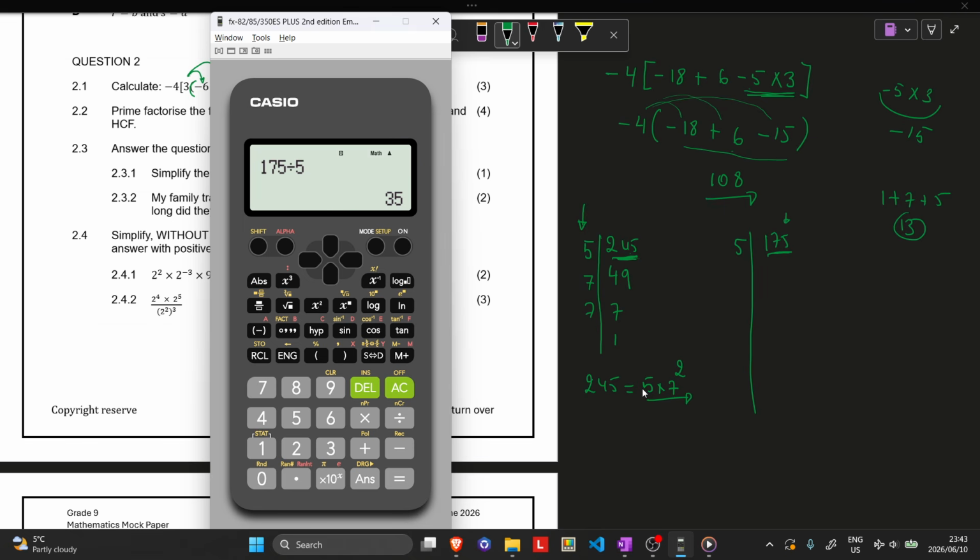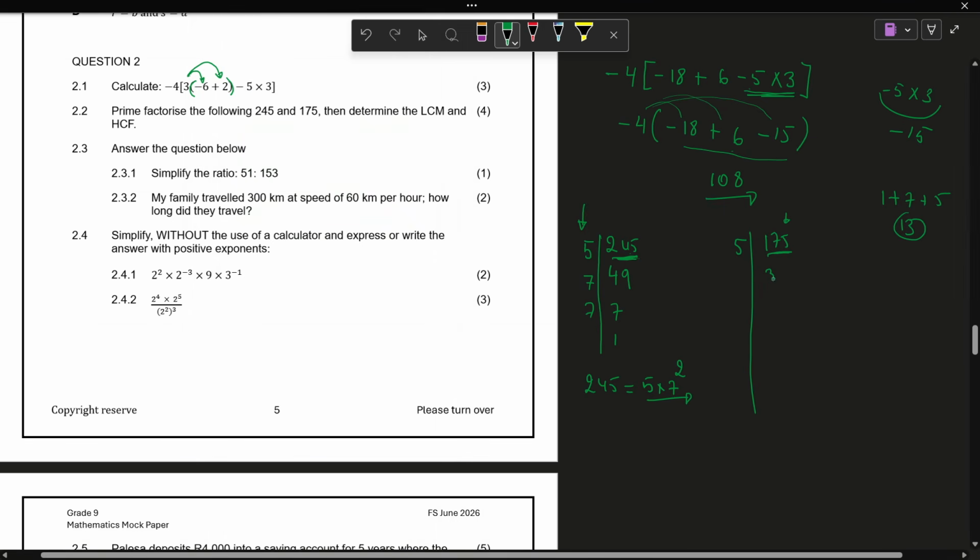So it's 35. So by 5 again, it's going to be 7. By 7, 1. So what have we got here? With 175, we break it down as 5 squared times 7.